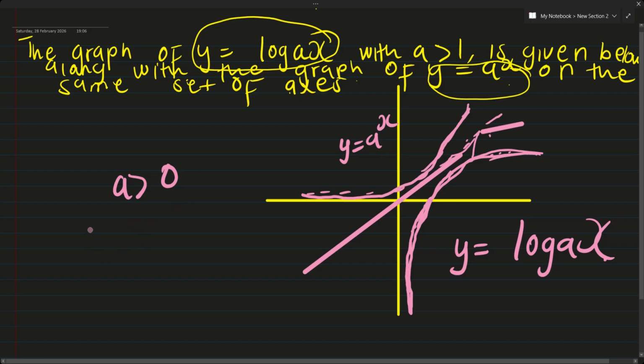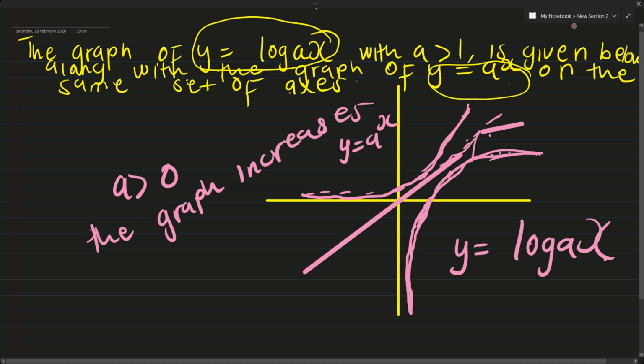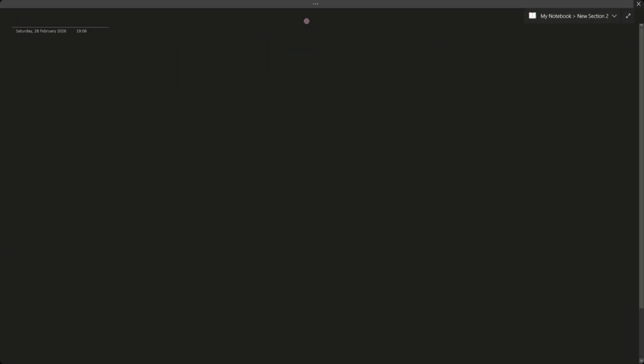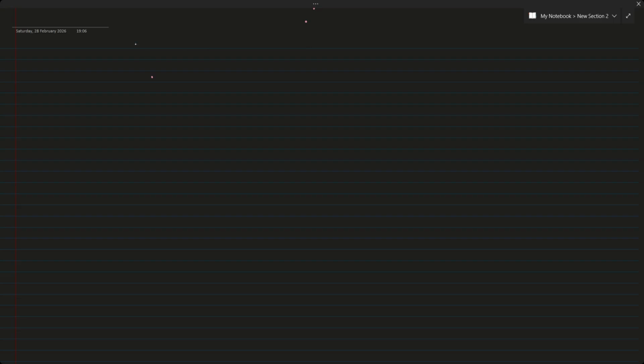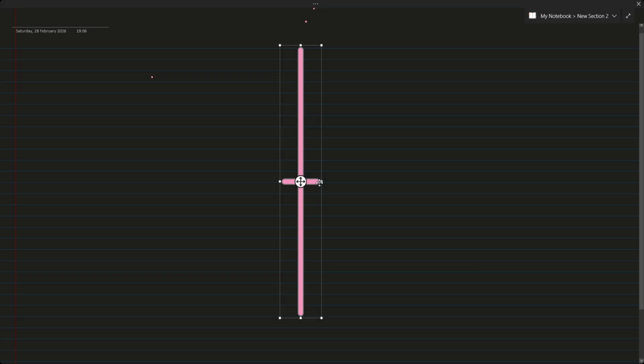Remember that when a is greater than 1, the graph increases. The graph actually increases.